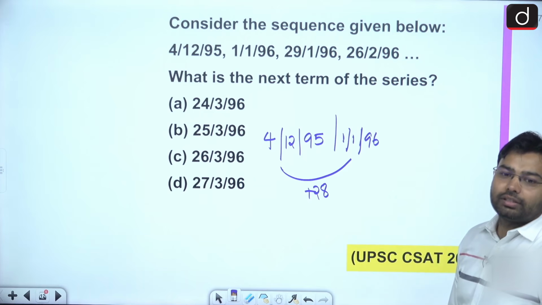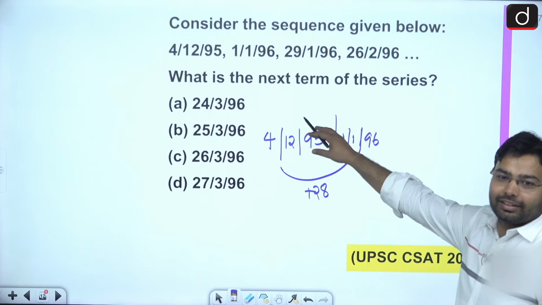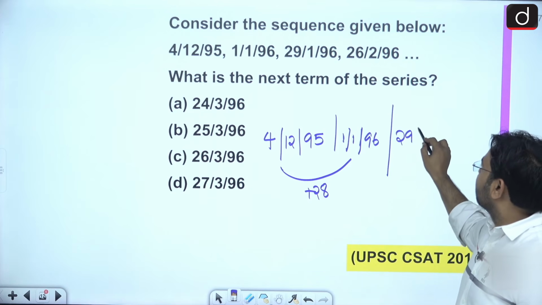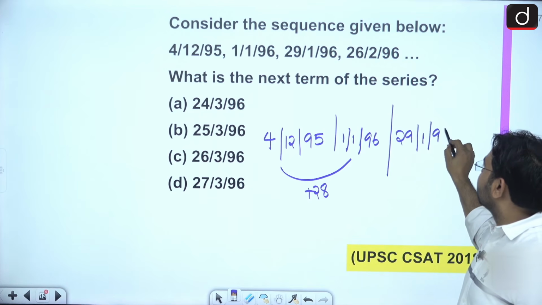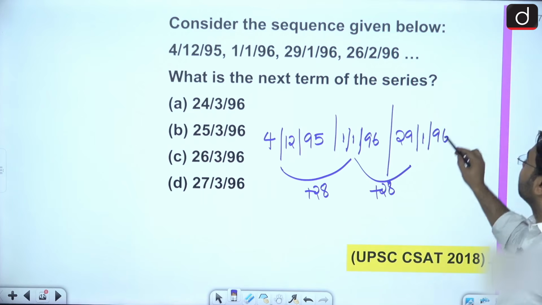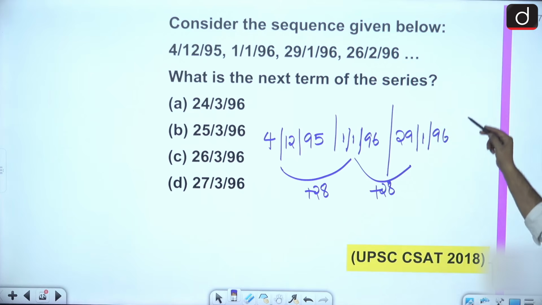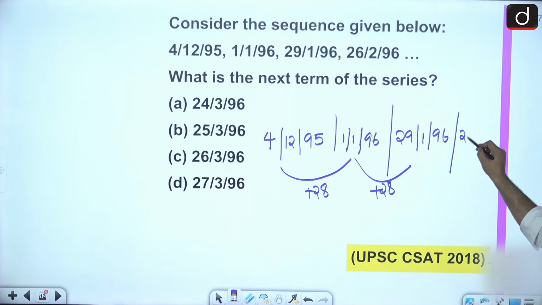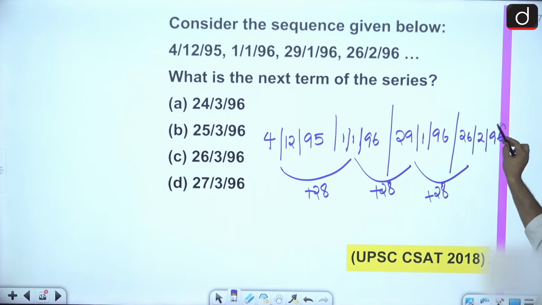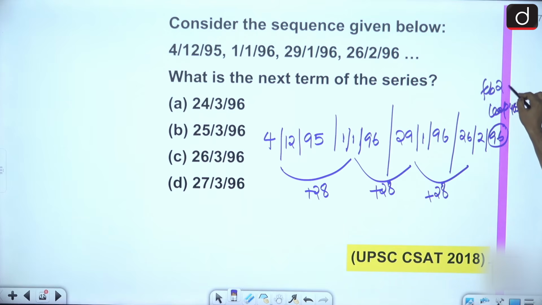December is of 31 days. Then 29, 1, 96, need to add 28 again. Then 26 to 96, add 28. 96 is a leap year, so Feb is of 29.